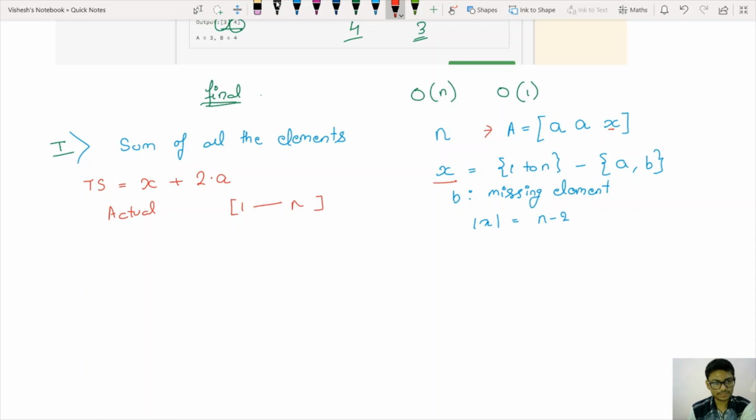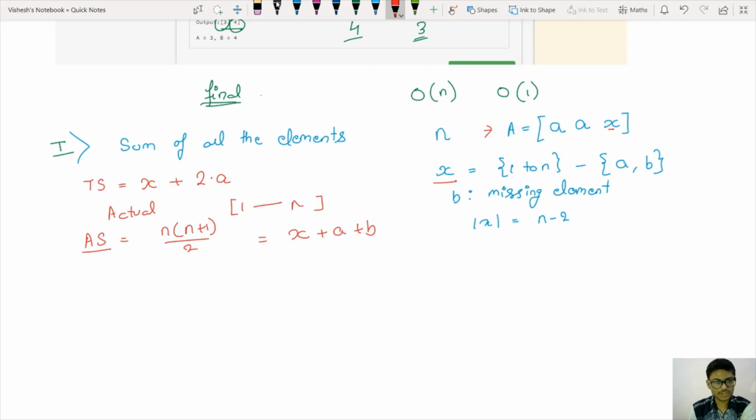So let's call it actual sum. So it would be n into n plus 1 by 2. But instead of using this n here, I can also say that it would be x plus a plus b, because in this array x contains all the elements except a and b, so it would be the sum of x plus a plus b.